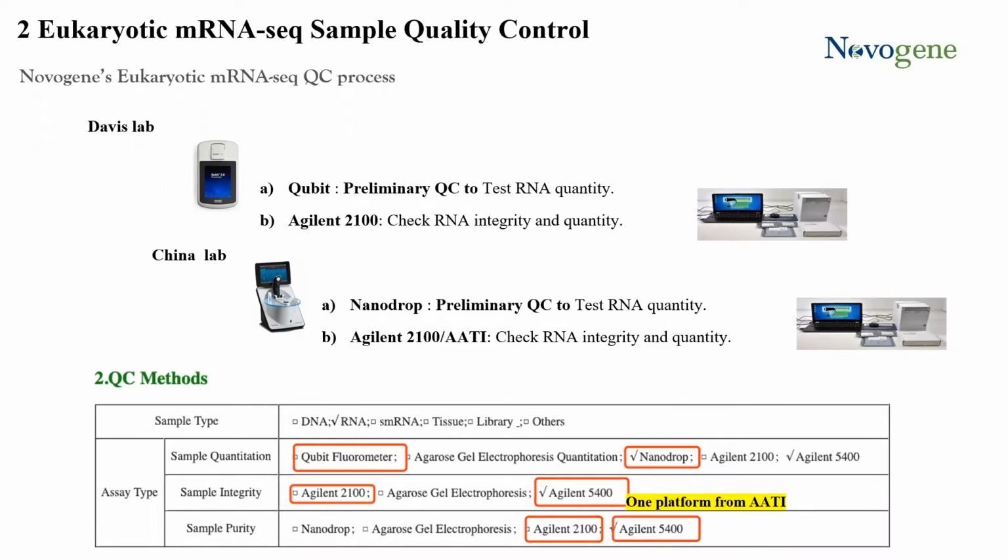We can use quantitative kits to analyze RNA, genomic DNA, small RNA, next-gen sequencing libraries, as well as large fragments. Currently, we are using this platform in our China lab for all non-directional libraries, and the sample needs to be greater than or equal to 50 nanograms per microliter to use this robust platform for QC check.